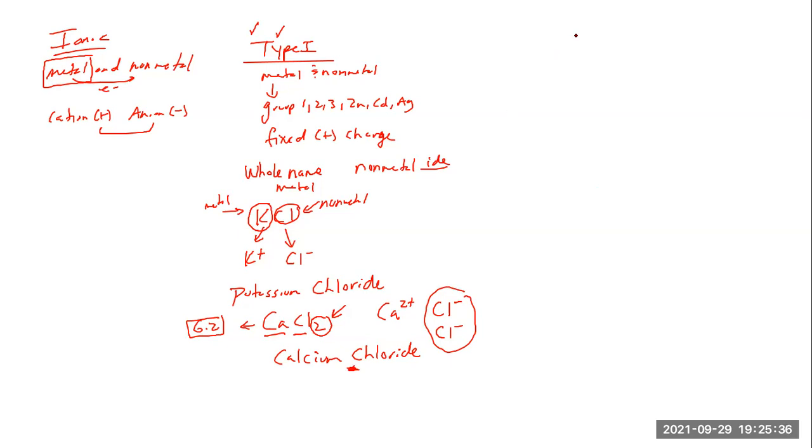And that's a little bit different than what happens when we get a type 2 compound. Type 2 compound, again, still your metal and non-metal. Again, out of the 2, it is still the metal that's most important. And the metal here comes from a transition metal, or the area just to the right on the periodic table underneath the staircase.